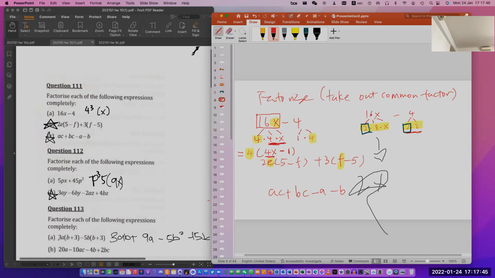So I put my x here. Then the minus is in between, so I put a minus. And then if I take out 4 from this, I am left with the 1. So I put the 1 here. So this is one factorization I can do. This is the first choice.